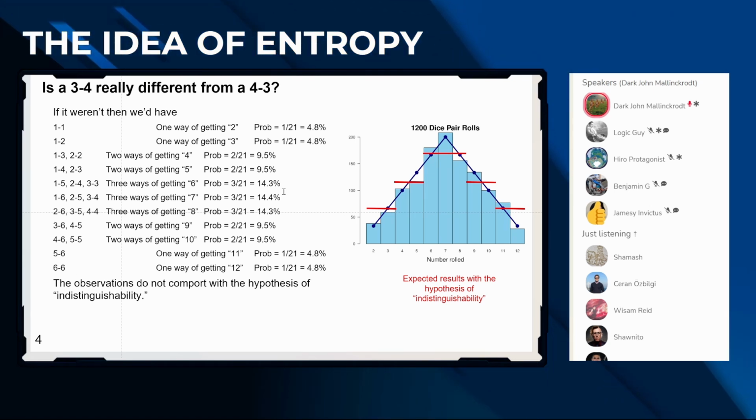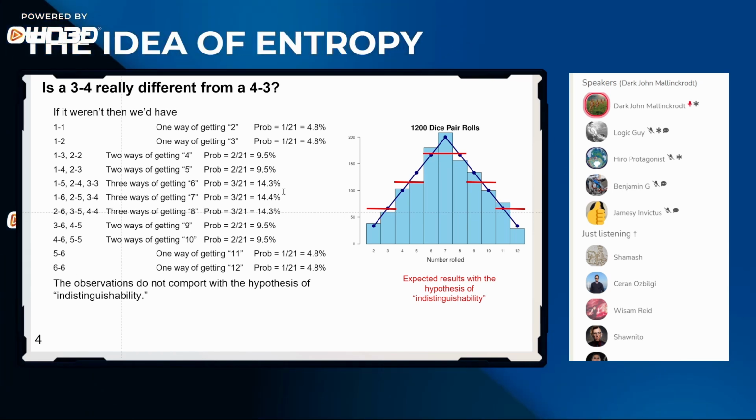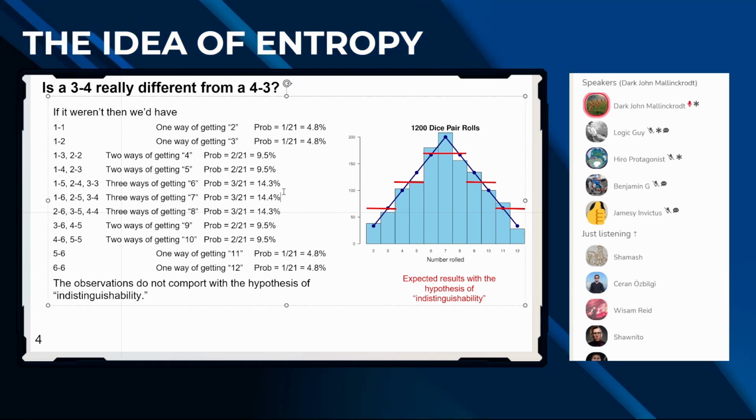I show it over there on the right with the red bars. Both 2 and 3 have a probability of 4.8%. Both 4 and 5 have probabilities of 9.5%. 6, 7, and 8 all have 3 ways of getting them. In this way of thinking about things, they'd all be 14.3%.